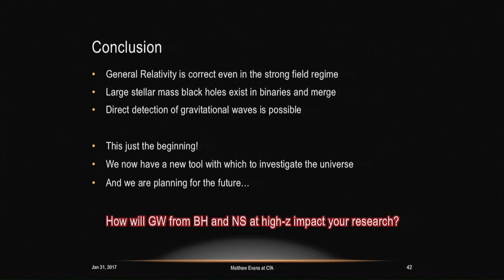So if you are thinking about how gravitational waves from black holes and neutron stars and whatever source you can come up with are going to impact your work, and getting that back to us, that will really help us build better detectors in the future. So we have an opportunity right now. We're in this sort of design process of figuring out what we're going to do for the next 20 years in detector land. The more that you can write about these sensitivity curves we publish, the better off we'll be. So thank you all.